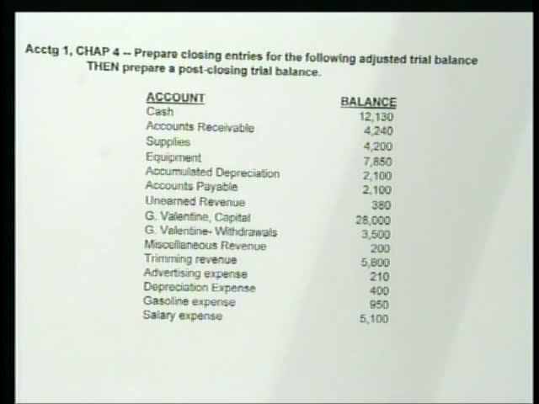For you folks at home, this example is in your blue student manual, okay? But we're going to run that snazzy JCCC music, and I want to spend a few minutes here doing another example of closing entries and then doing a post-closing trial balance, okay? So let's go ahead and do that now.